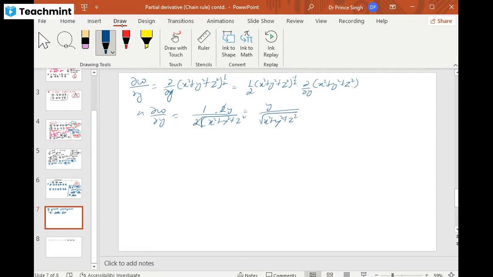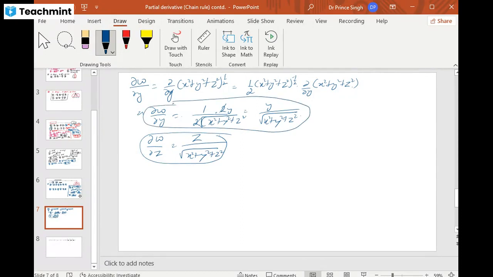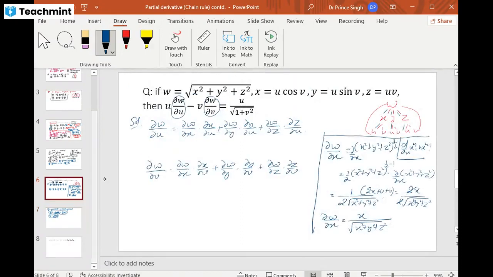And also this function is pairwise symmetric, meaning if we interchange x with y or x with z, the function is the same. So I can similarly find ∂w/∂z as z upon square root of x² + y² + z². Right? So this is the derivative of w with respect to x, with respect to y, and with respect to z.